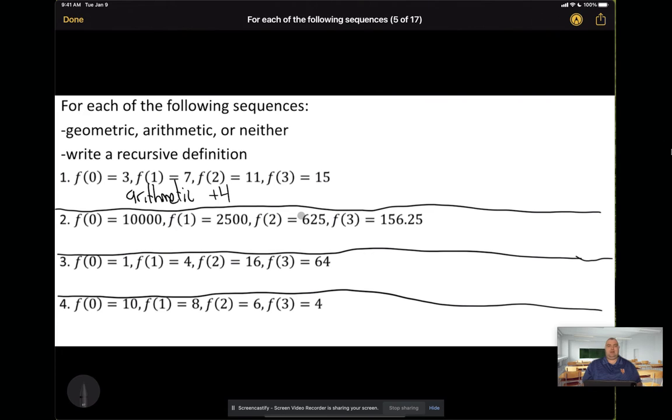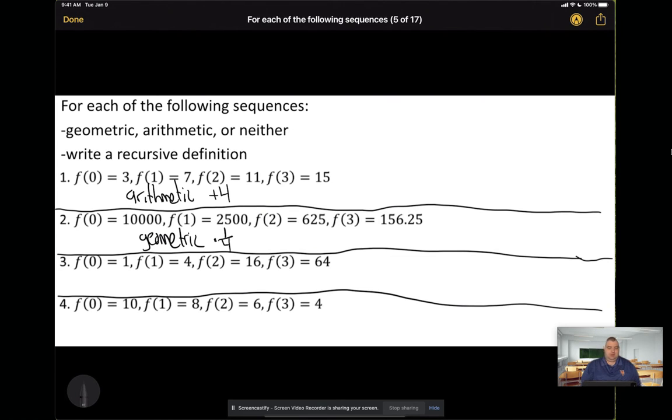So my pattern is to divide by 4, which means that this is a geometric sequence. And we're going to say that our common ratio is not 4, it's going to be 1/4, because dividing by 4 is the same as multiplying by 1/4. Okay, so that's number 2.